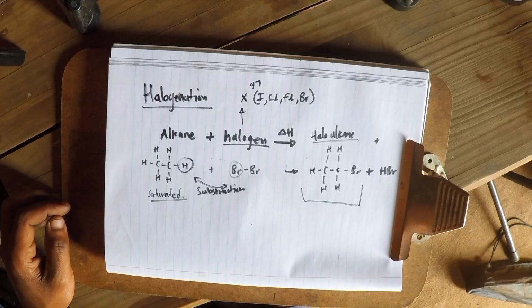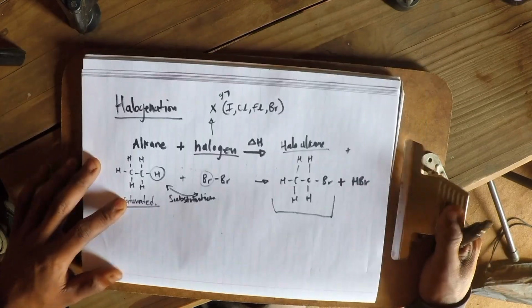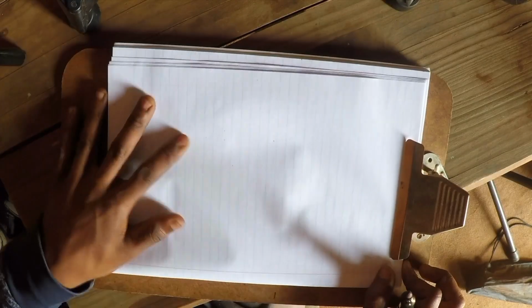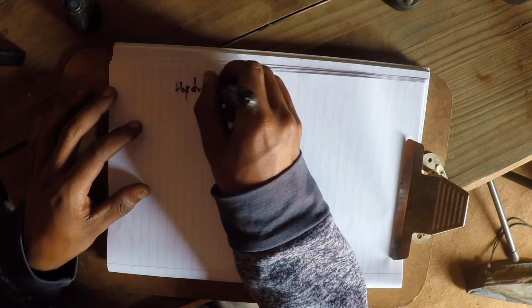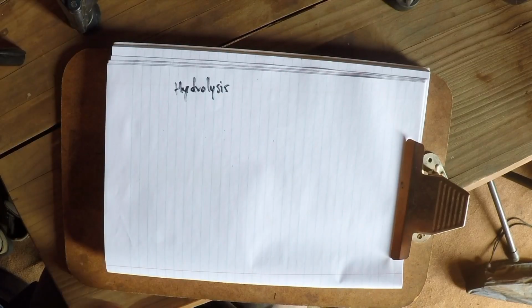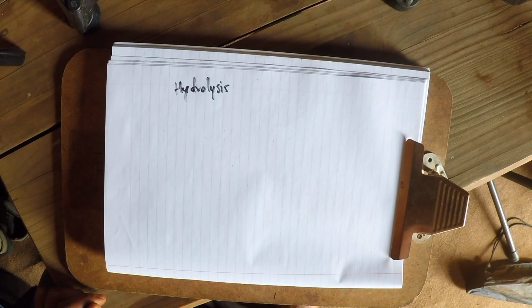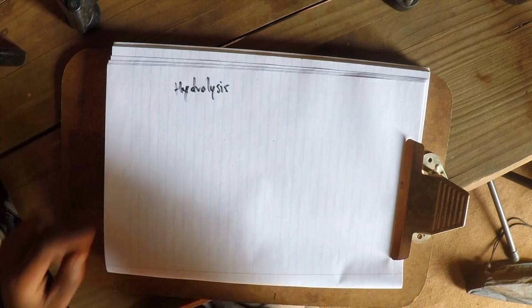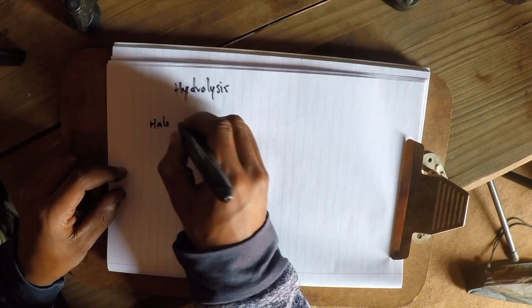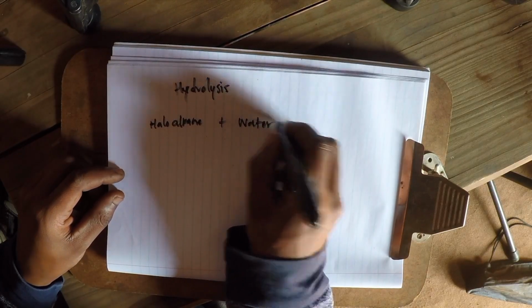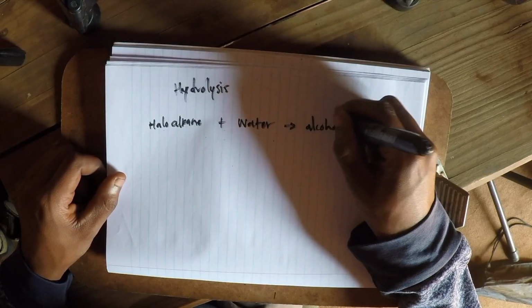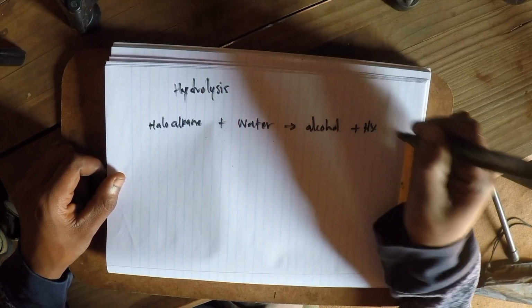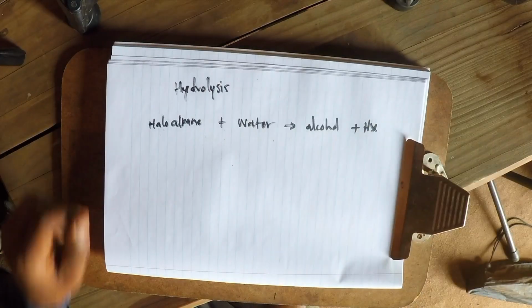It's one example. Another example is called hydrolysis. Let's look at hydrolysis. It is a process where you are adding water to a haloalkane. If you have a haloalkane and you add water, you will get an alcohol plus a secondary product.